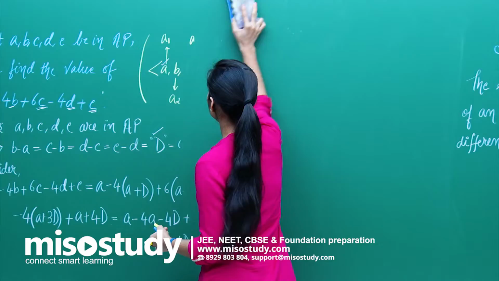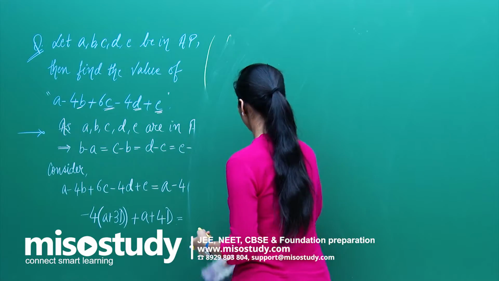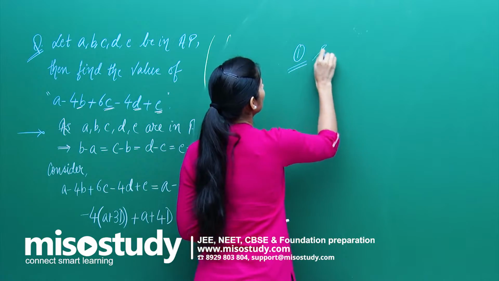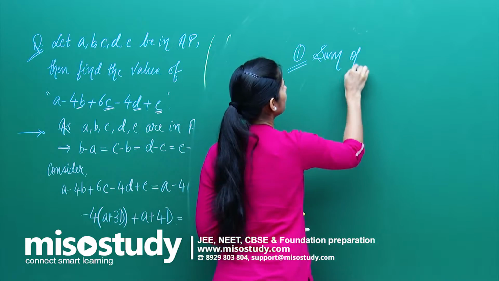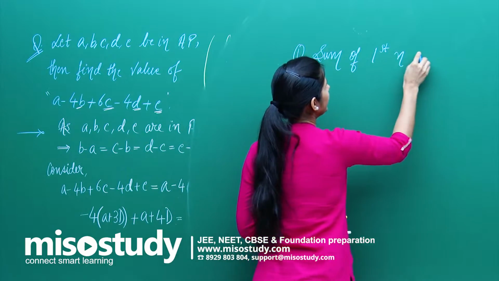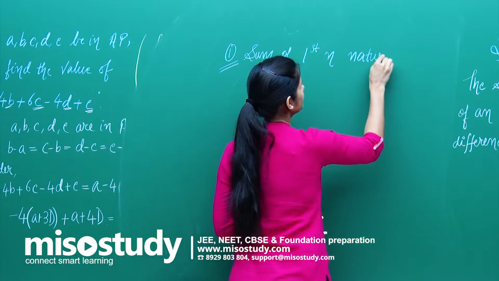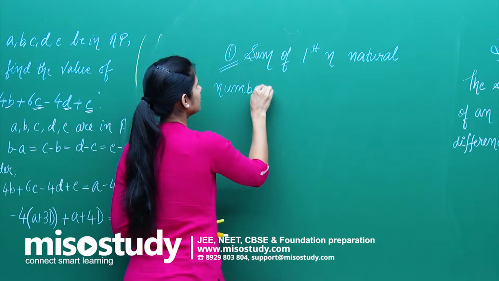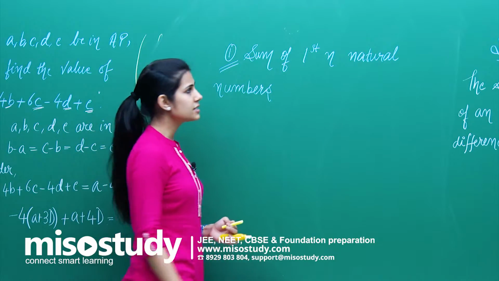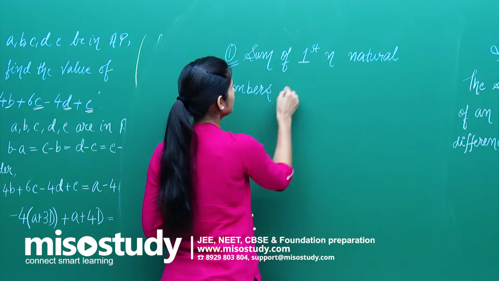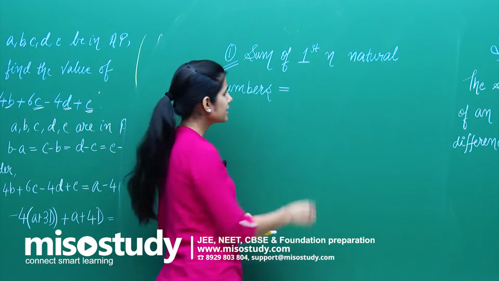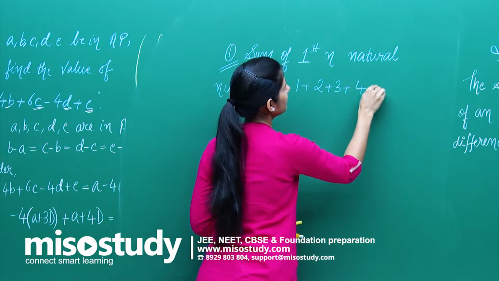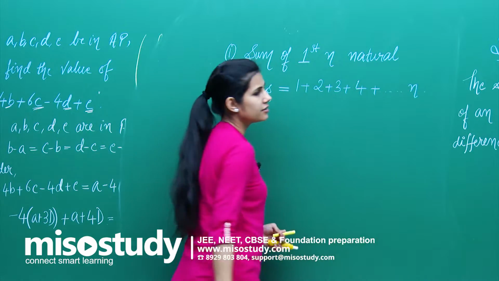The formulas are, first one: what is the sum of first n natural numbers? I'm asking you what is 1 plus 2 plus 3 plus 4 plus and so on up till n.